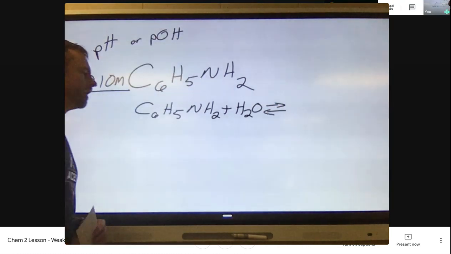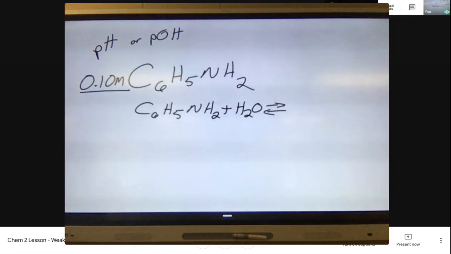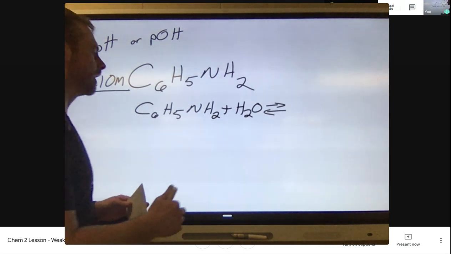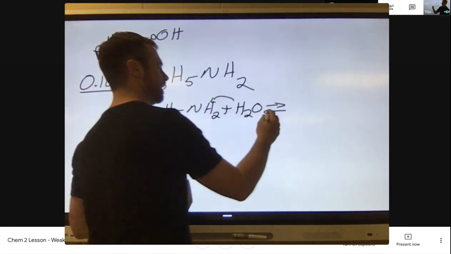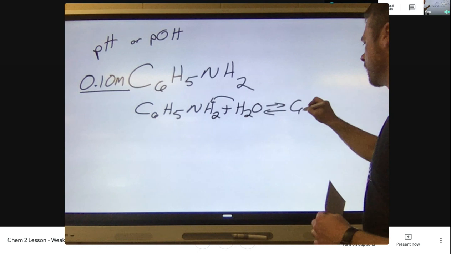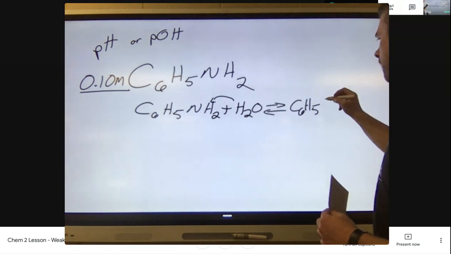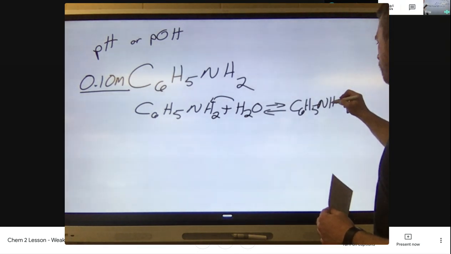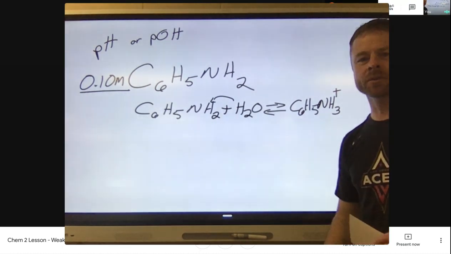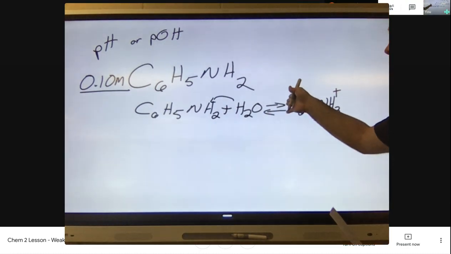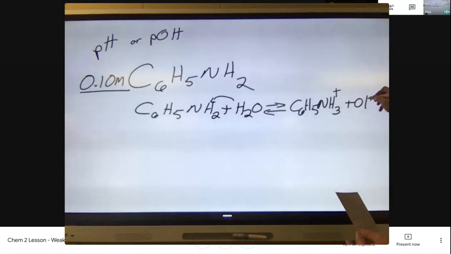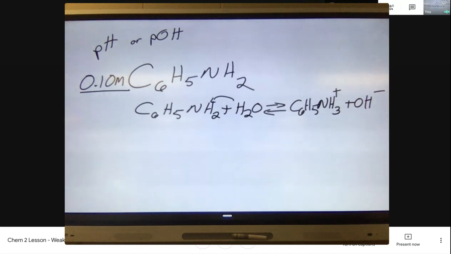So if this thing is going to be a base and it has a Kb, I know that the reaction is going to give us some conjugate here. That'd be NH3. And by the way, it does not matter where you put the plus. You can put the H plus at the beginning. But here's the key. It's going to give you that OH minus. You guys can see that, right? If you can't, just holler. If there's ever anything you need, just unmute and holler.